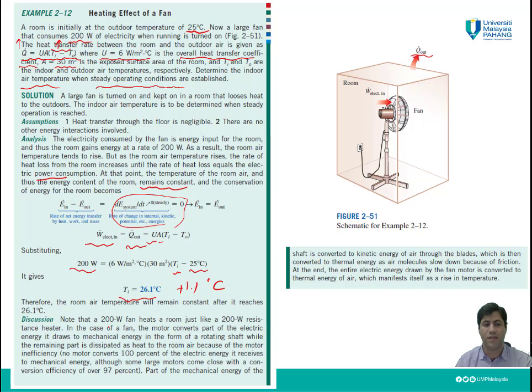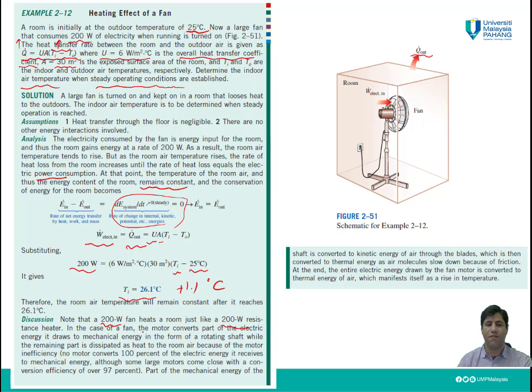So you should note that this fan, when you are going to buy a fan, its power consumption is mentioned. A 200 watt fan heats the room just like a 200 watt resistance heater. Instead of a cooling device, it is a heating device for this room.